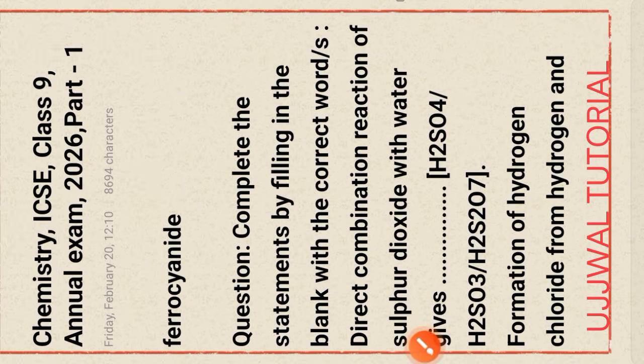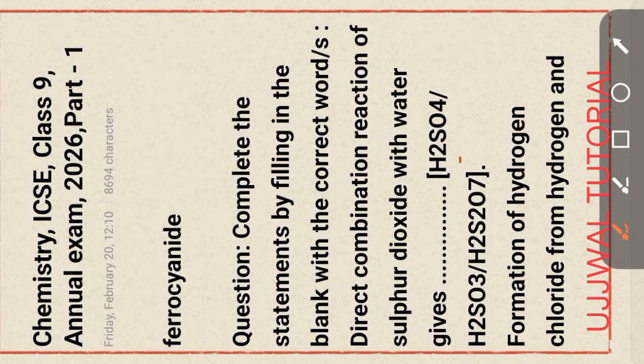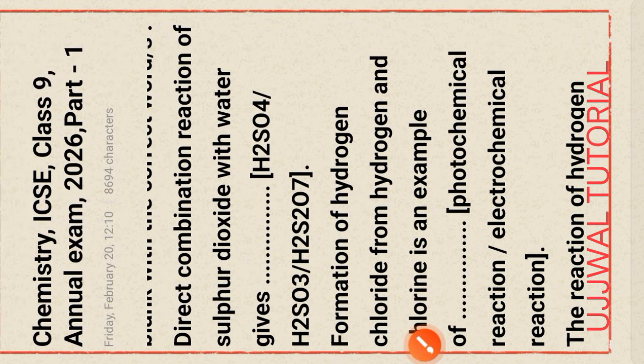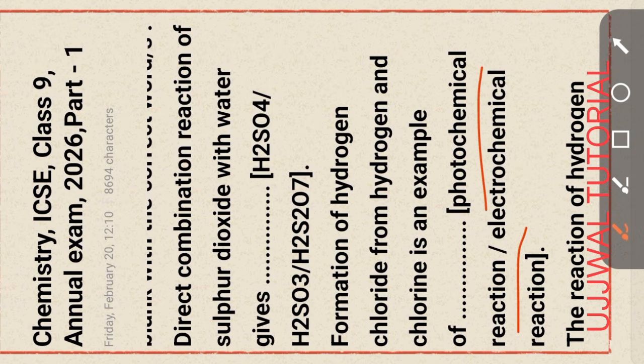Next question, complete the statement by filling in the blanks. Direct combination reaction of sulfur dioxide with water gives H2SO4, sulfuric acid. Formation of hydrogen chloride from hydrogen and chlorine is an example of photochemical reaction.